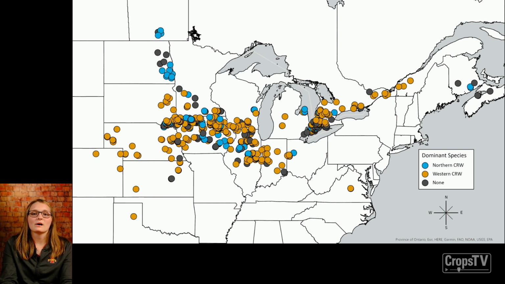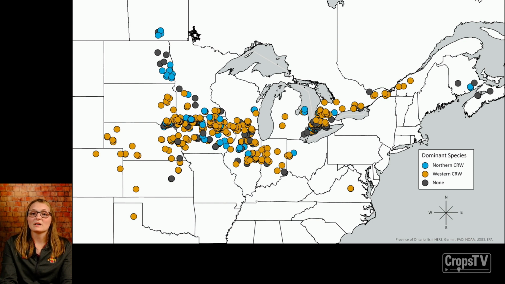The blue dots on this map mean that at those sites during the peak week, northern corn rootworm was the dominant species. The orange dots are western corn rootworm. And if neither were the dominant species, so either they were equal or there weren't any beetles reported in those fields, those are a gray dot on this map.